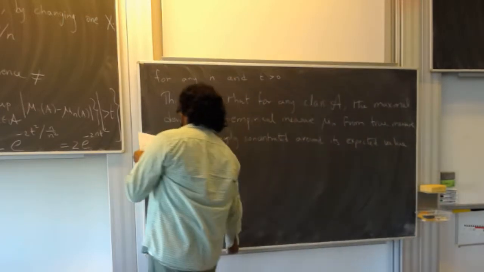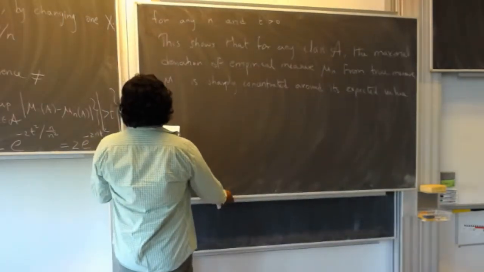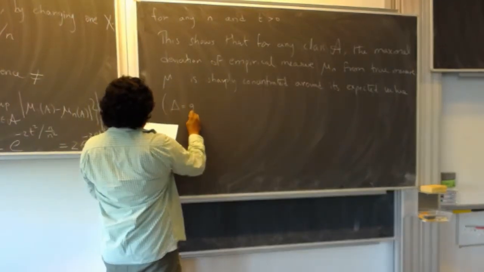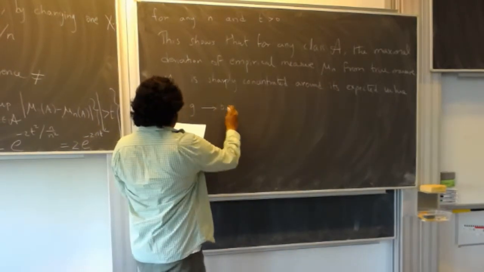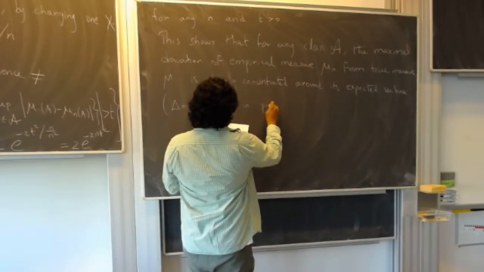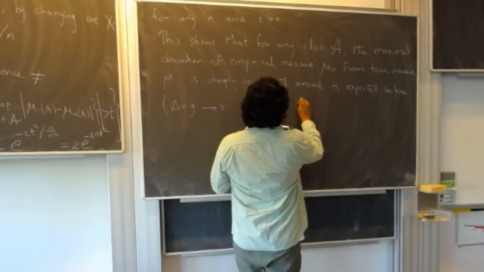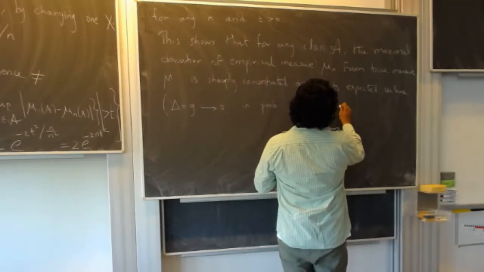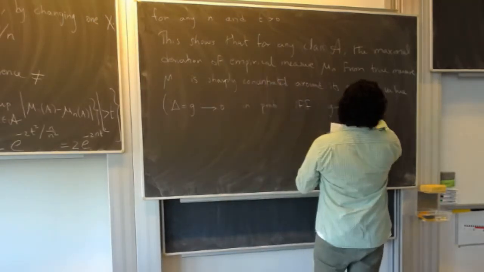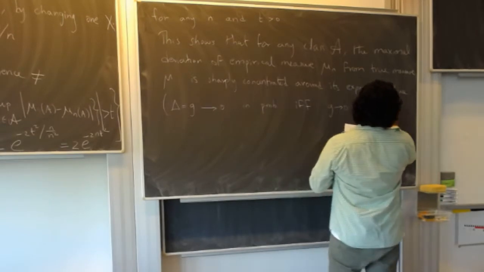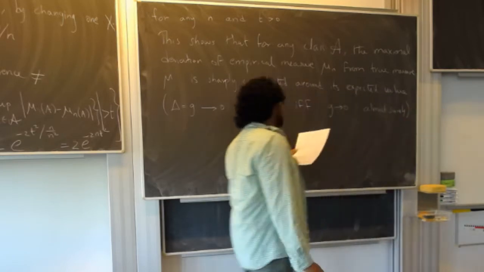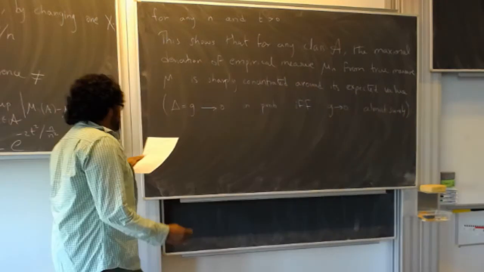This was part of a plan, right? So this means delta, or G, is going to 0 in probability if and only if G goes to 0 almost surely. We only worry about bounding the expected value.